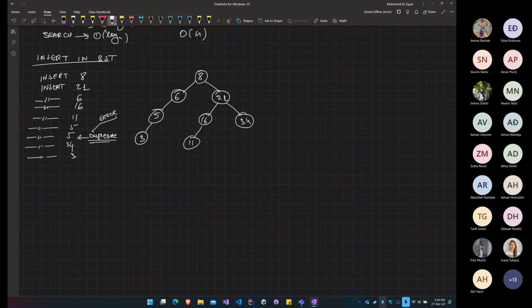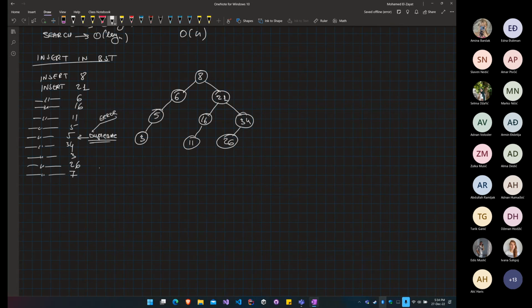You insert 26. Also easy. You go here, it's larger than 8. 26 is larger than 21, so you go right. However, it's less than 34, so you go left. 26. Okay. You would like to insert 7.